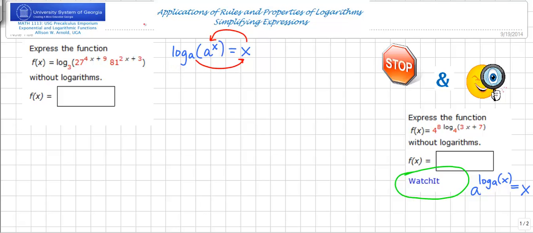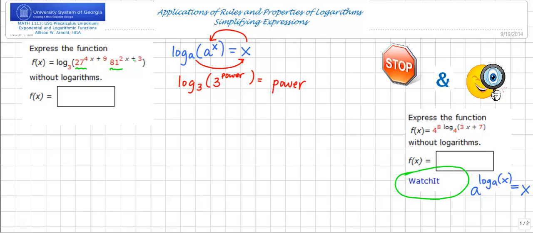If I had this whole expression as log base 3 of 3 to a power, then the result from the property of inverses would be the power. So I could ask myself, can I take all of this and make it a power of 3? 27 is 3 cubed. 81 is 3 to the fourth. So the answer is yes.